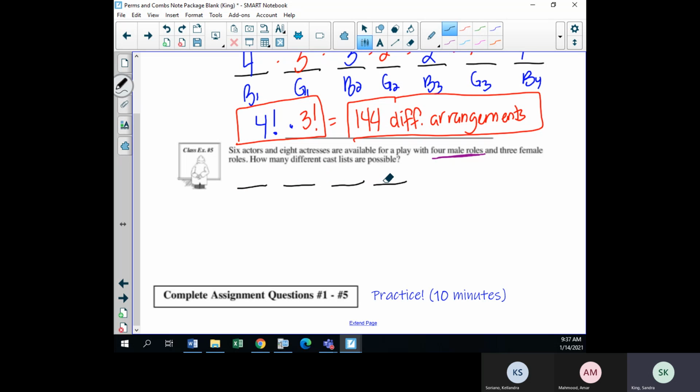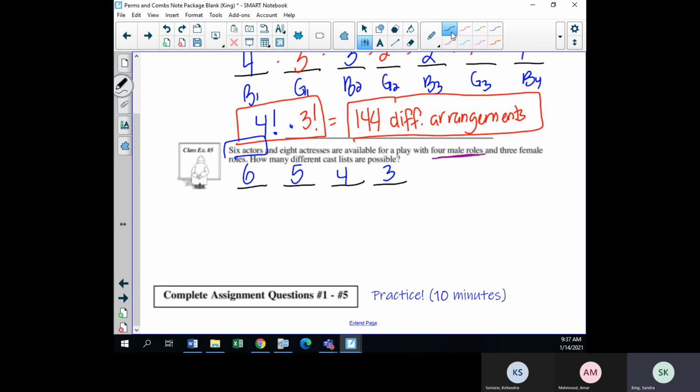This is for the men. How many men are there to first choose from for the first role, for the lead role here? 6. So there was 6 actors to choose from to go there, right? There's 6 actors. And there's 5 after the first role is cast, and there's 5, 4, and 3.